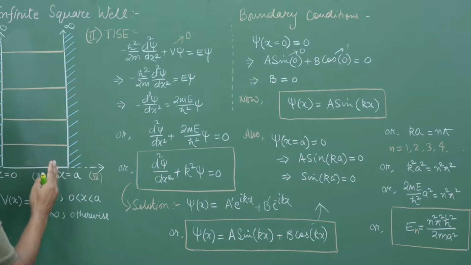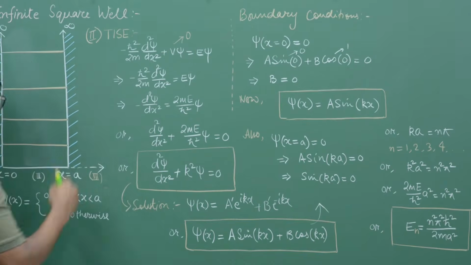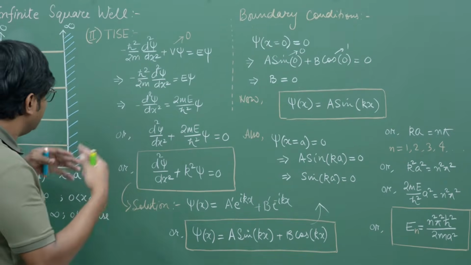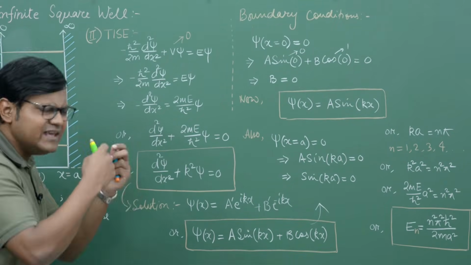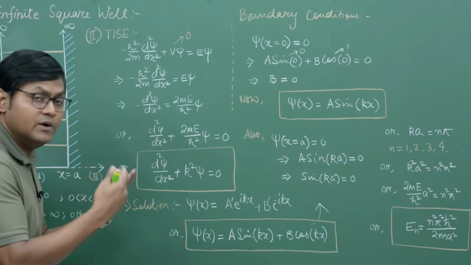So let's imagine that this is the energy axis, and for a classical system, any value is possible, because in classical systems the particle can have any value of energy. The theory doesn't restrict the particle from having a particular energy.